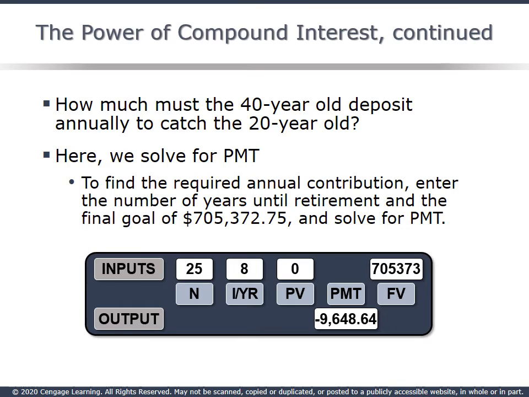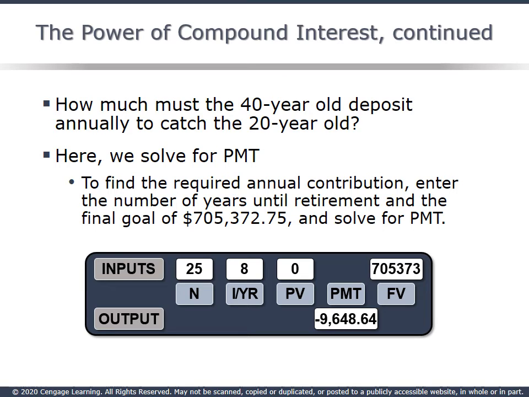Now, let's turn things a little around. What if we keep the time period the same? What if this investor doesn't start saving till she's 40? We want to know over the 25-year period when she turns 65, what would she have to deposit to end up?